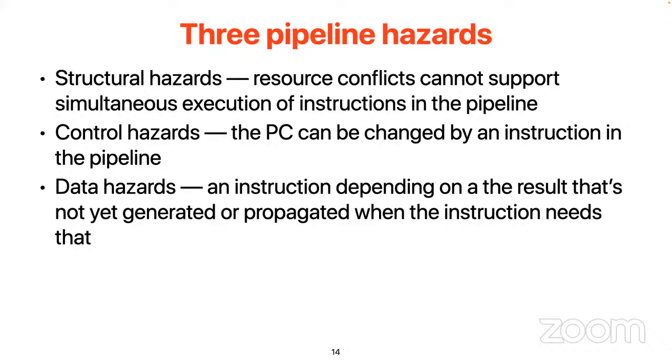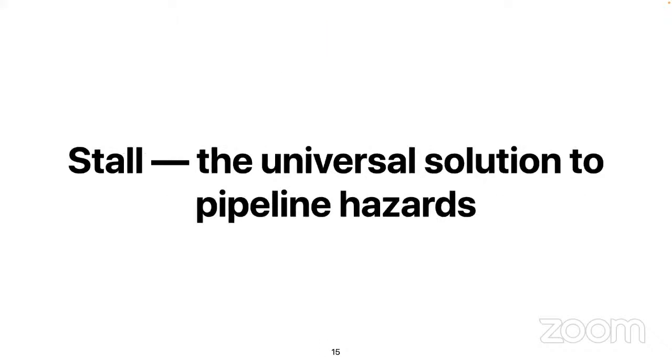And the last type is data hazard, which means that there is a data dependency between a later instruction and an earlier instruction. Because of the pipeline design, the instruction result cannot be delivered in time, or say the execution is just so long that we cannot get the value propagated to the time that your instruction needs it.